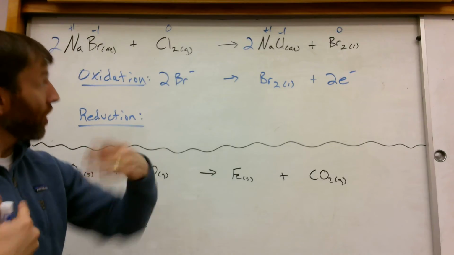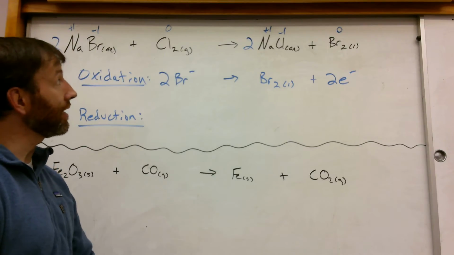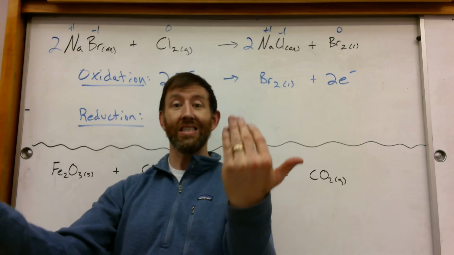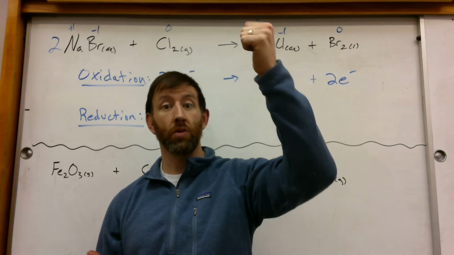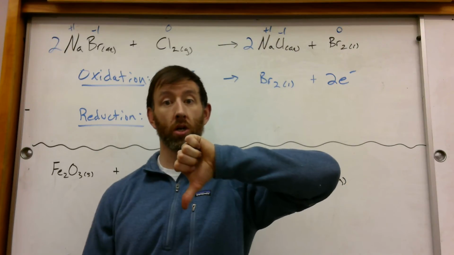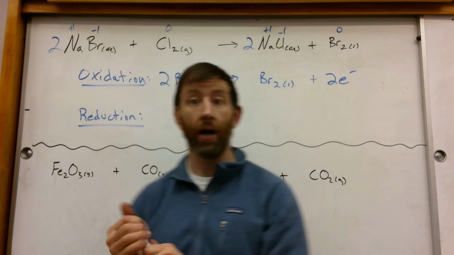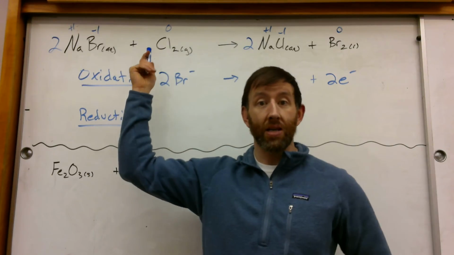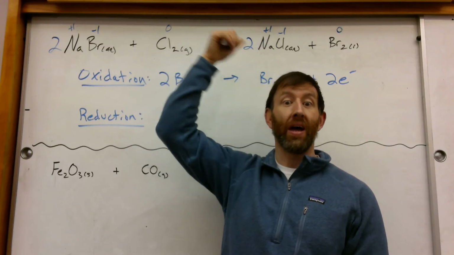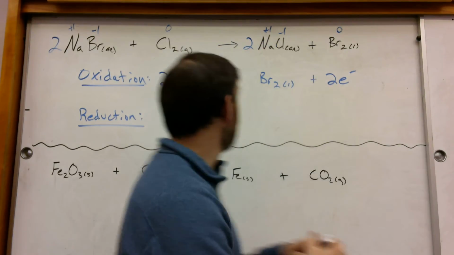Now, my reduction half of this reaction then is, reduction is gaining electrons. We're going to look for something that reduced its charge. So reduction, reduced oxidation number. All right? So my chlorine in this case goes from a 0 to a -1. That's a reduction. All right?